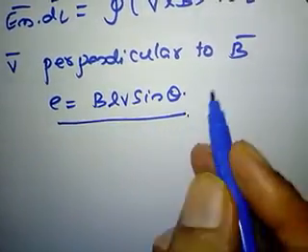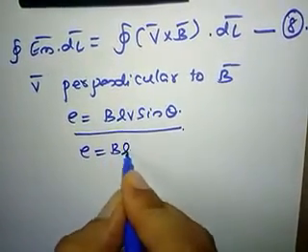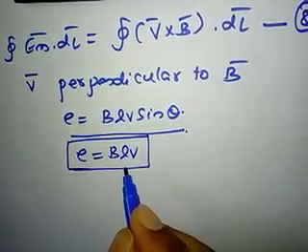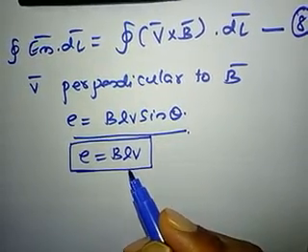So this is the EMF induced. If they are perpendicular, then theta is 90 degree, so it will be simply E is equal to BLV. Fine. So this is the second derivation, students.